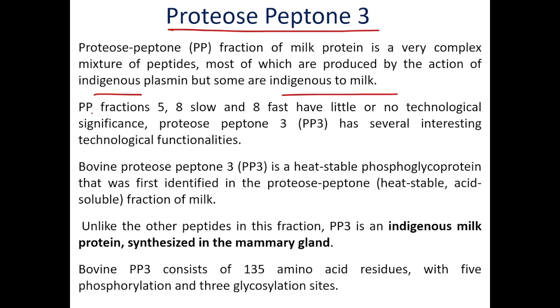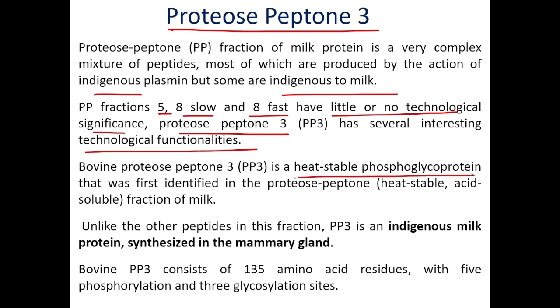The pp5, pp8 slow and pp8 fast fractions have little or no technological significance, whereas proteose peptone 3 has several interesting technological functionalities. So pp3 is technologically more important.